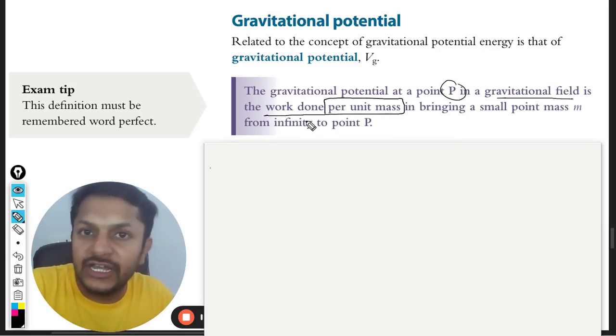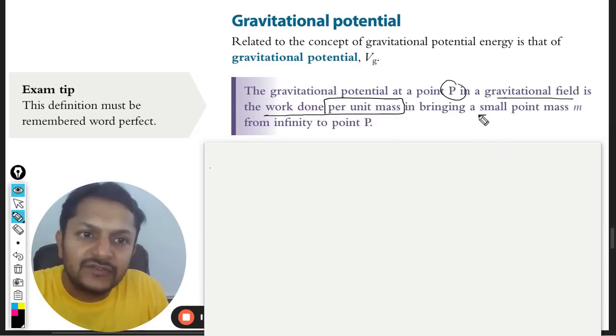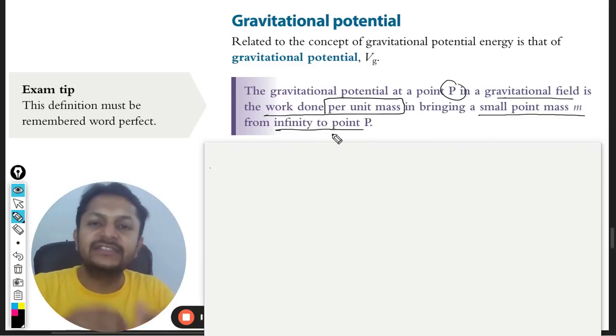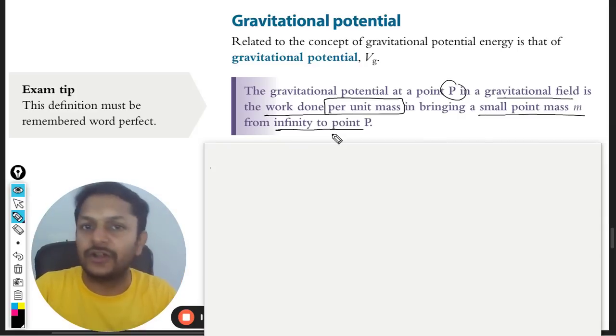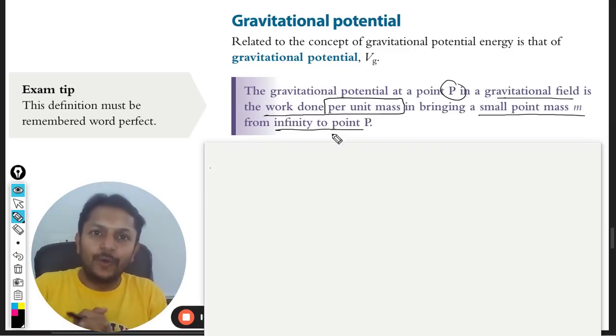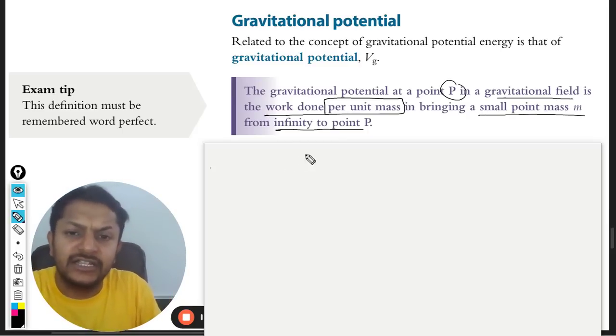Now we are not using any planet. It is the work done per unit mass in bringing a small point mass m from infinity to that point P. Or we can say in bringing a unit mass from infinity to that point. What is the work done? That is gravitational potential.